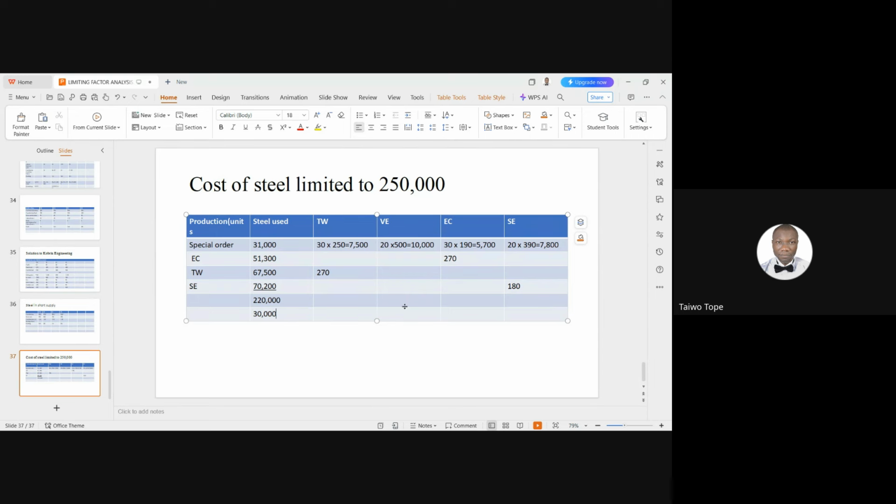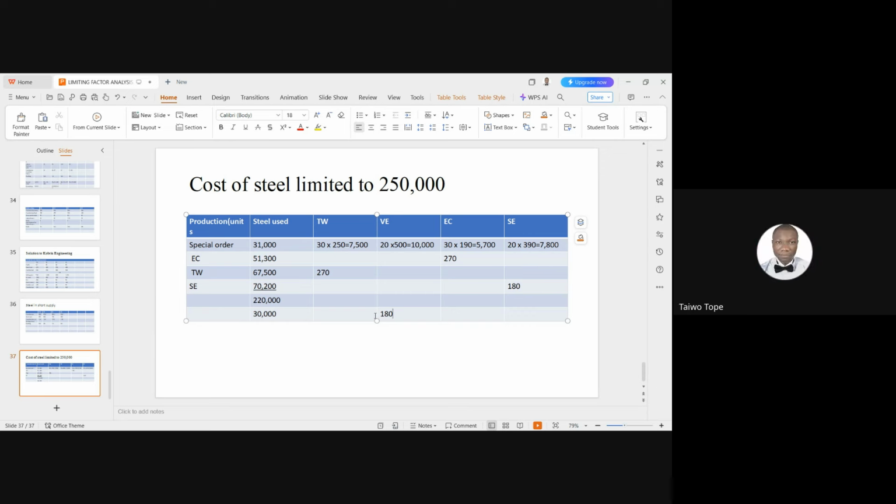So the point is this: 180. Do you have the money to buy 180 still? No. How much are you supposed to spend to buy 180 for VE? That is 500 multiplied by 180.